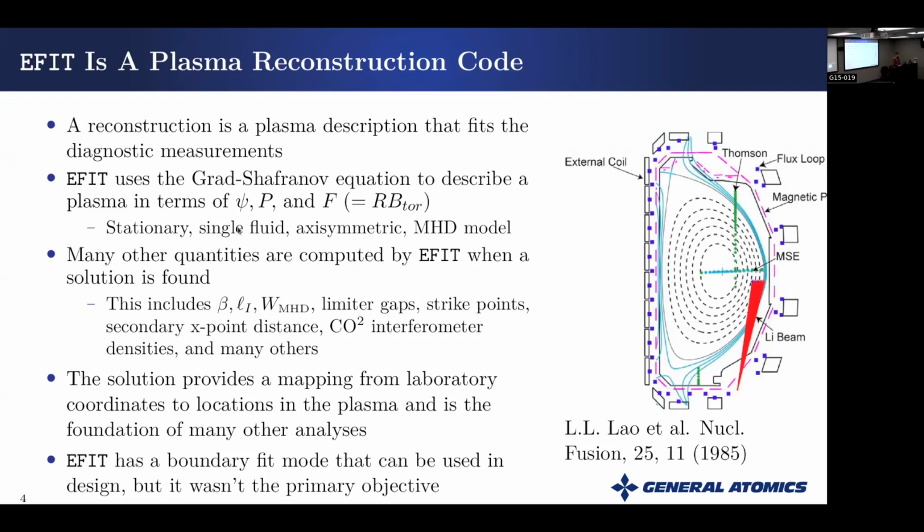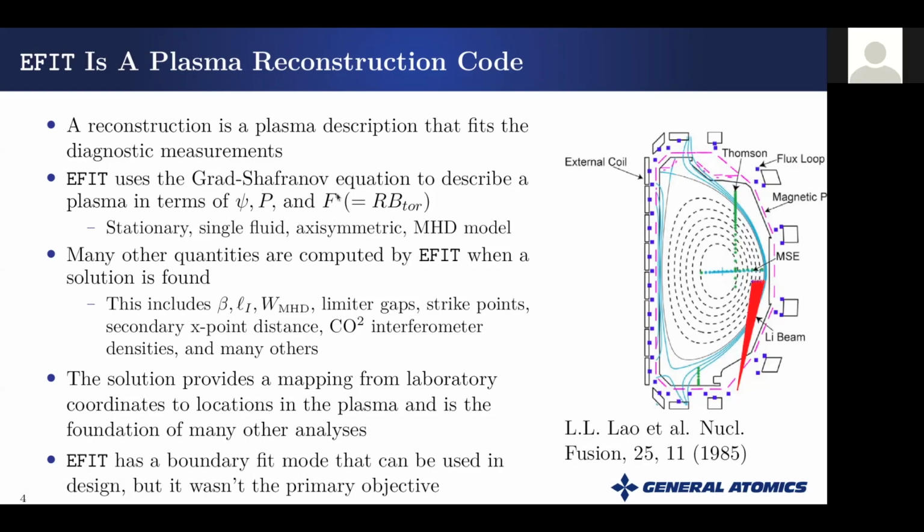describing the plasma essentially in terms of three variables: the poloidal flux, psi. Specifically, the Grad-Shafranov equation is cast in terms of P prime and FF prime as functions of psi, and psi as a full description over your domain, your axisymmetric plane in this case.